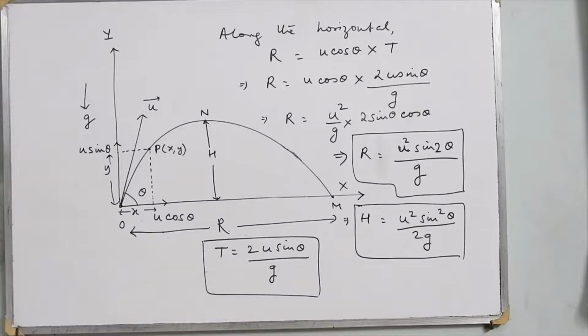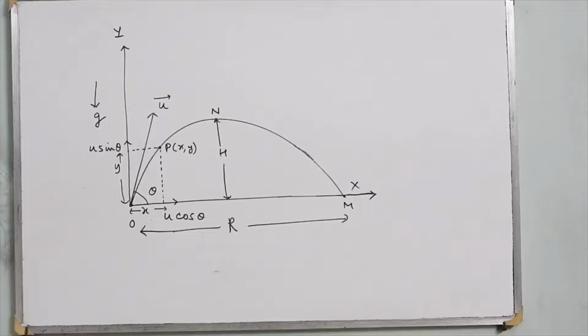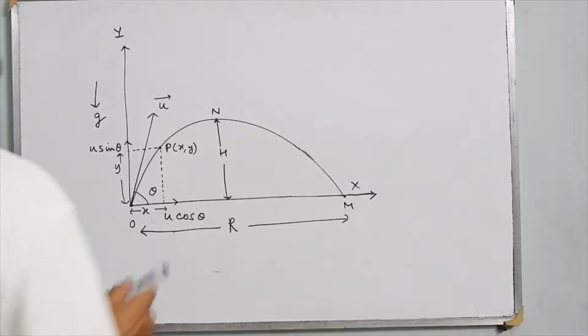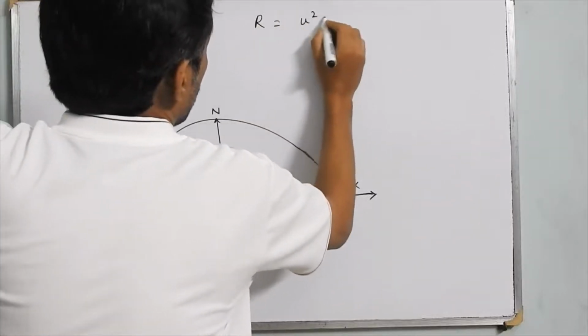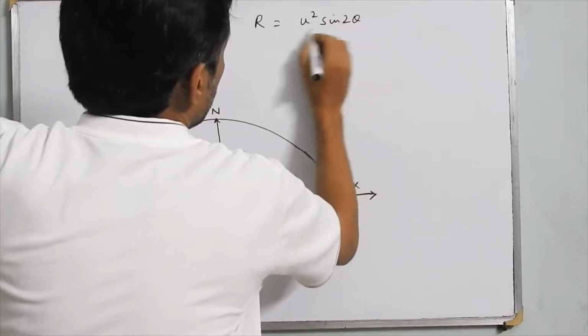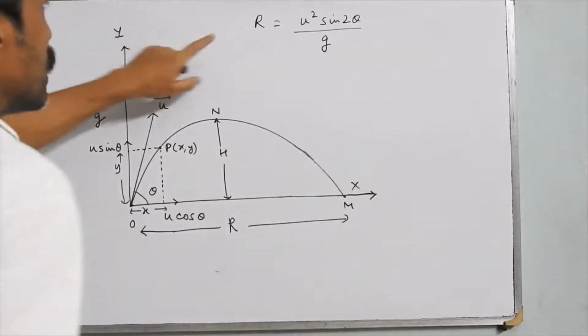Now we can also show that for 2 different complementary angles, the value of the range remains the same. If you want the maximum horizontal range, we have to consider the value of theta. Remember, r is u square sin 2 theta by g.